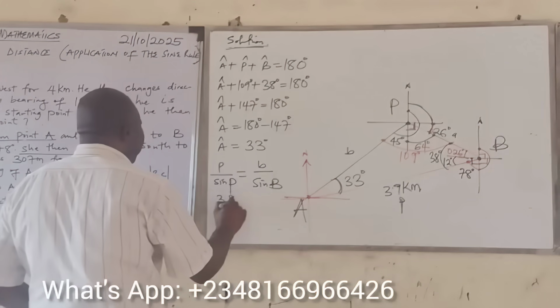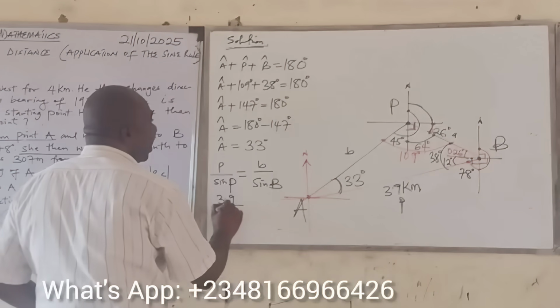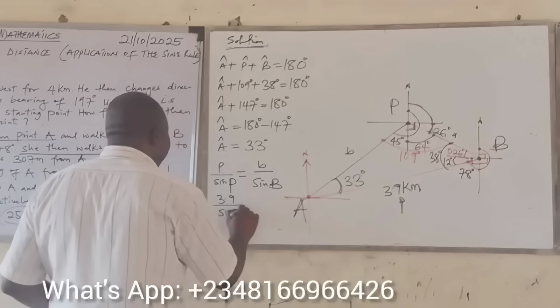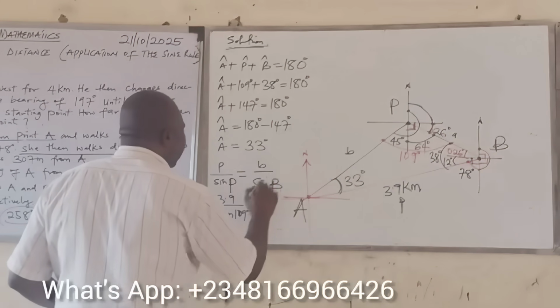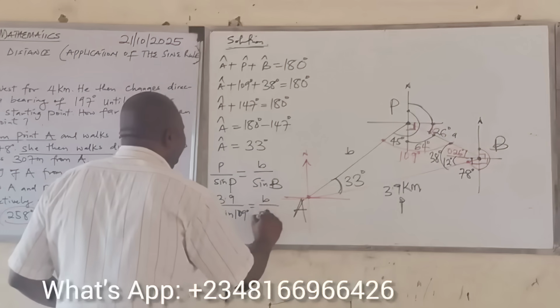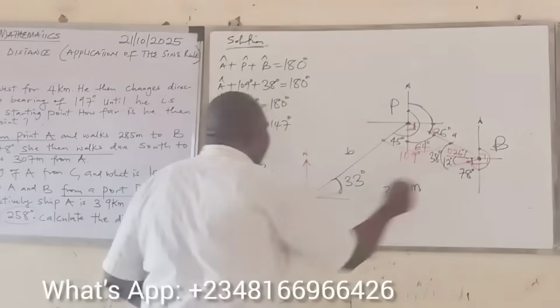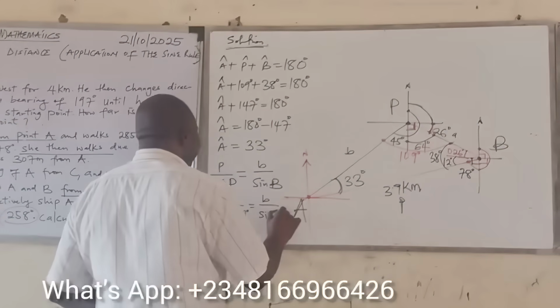We have 3.9 over sine big P, which is 109 degrees, equal to our small b, not given, over sine big B. Our big B is 38 degrees.